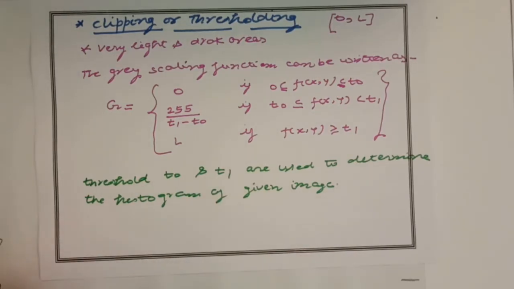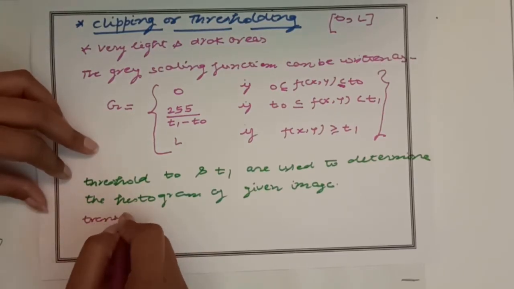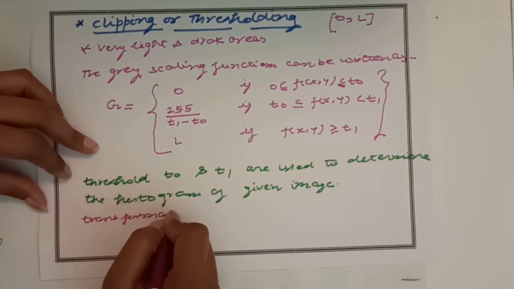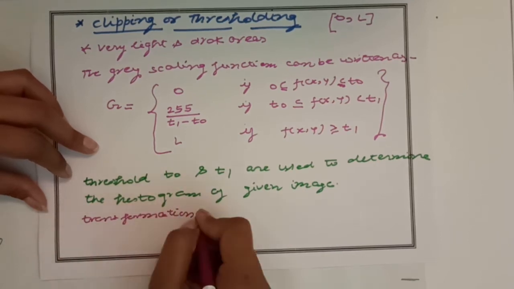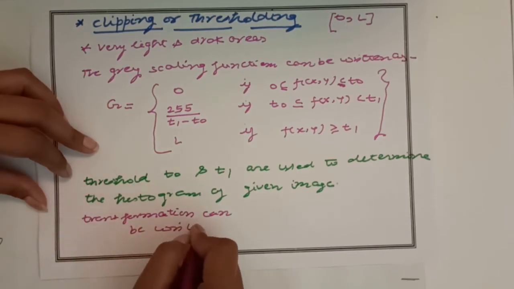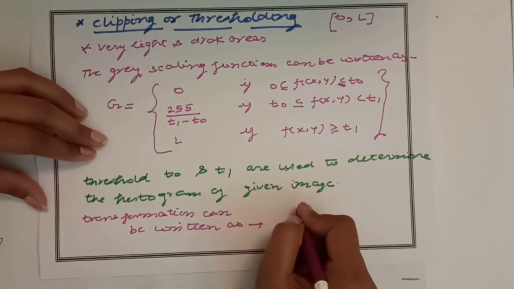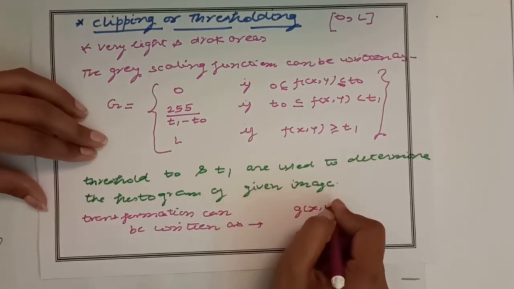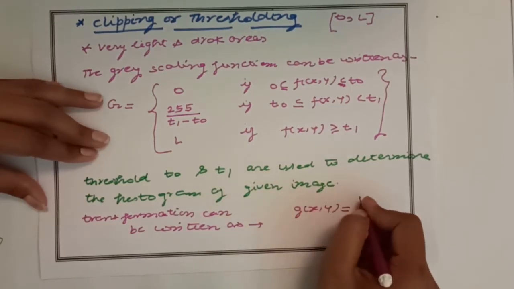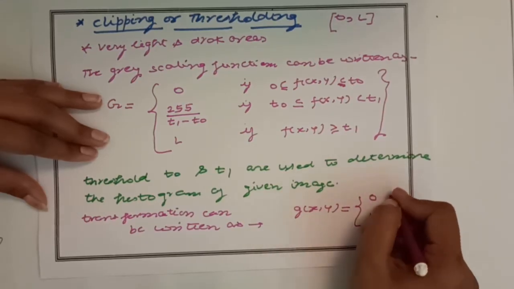And here the transformation can be written as: the transformed image would be g of x y, which is 0 or 1.